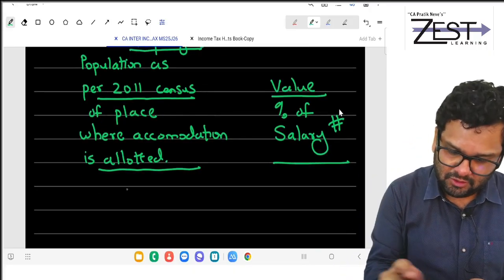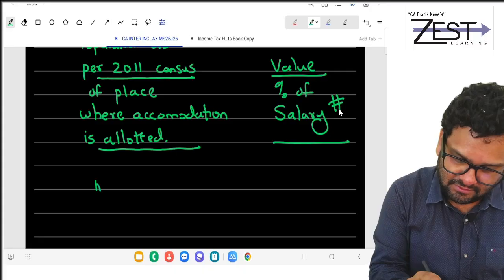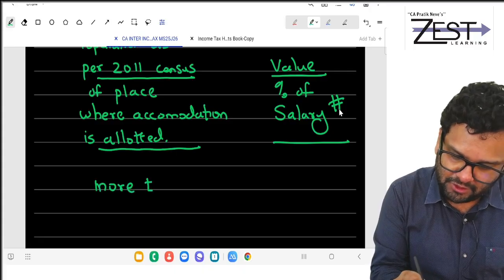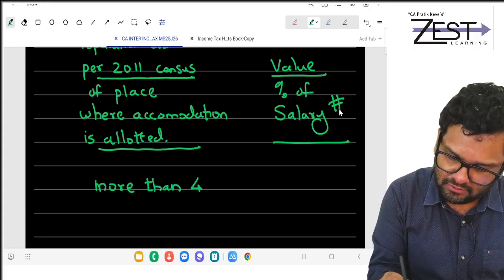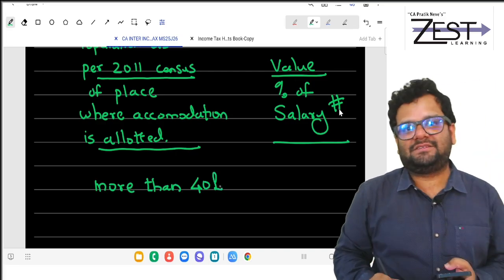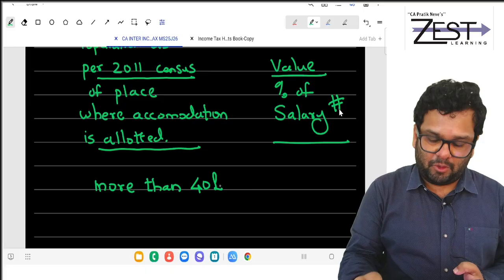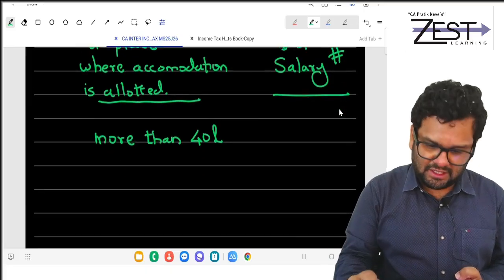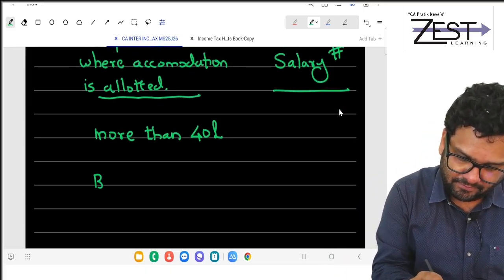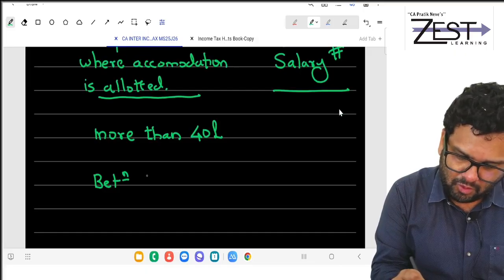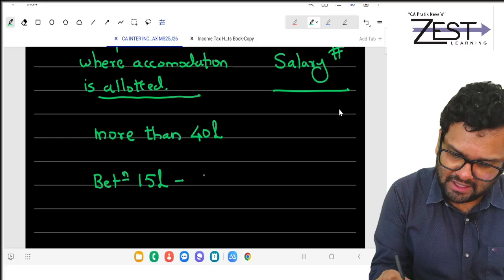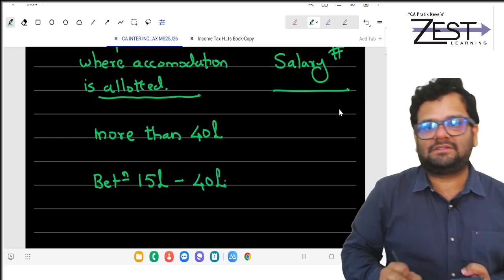Population is more than 40 lakhs. Population is between 15 lakhs to 40 lakhs.